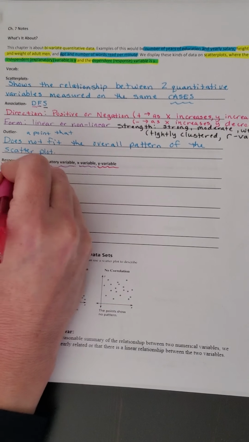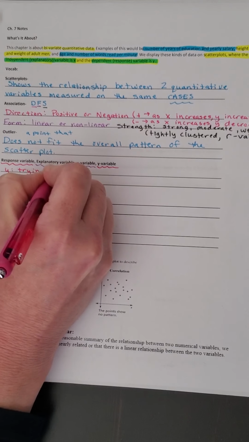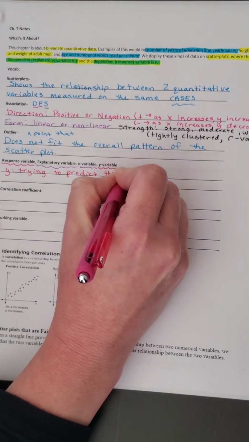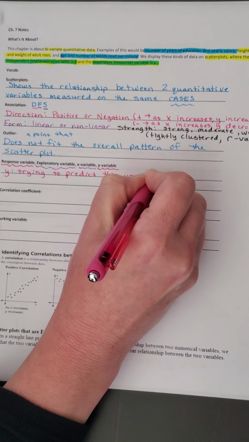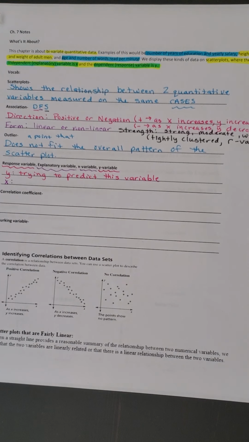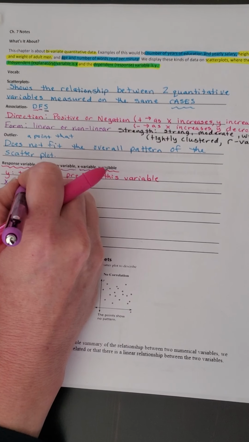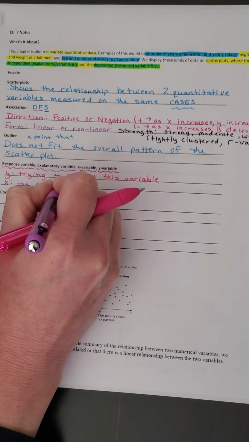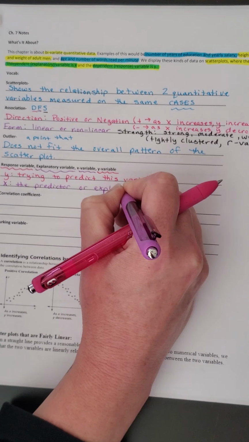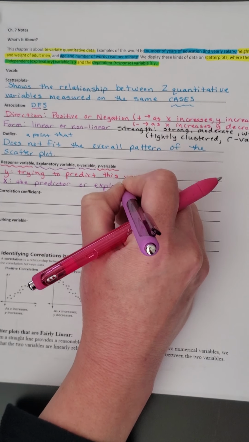For y, we're trying to predict this variable. And for x, our x value is the predictor variable or the explanatory variable.